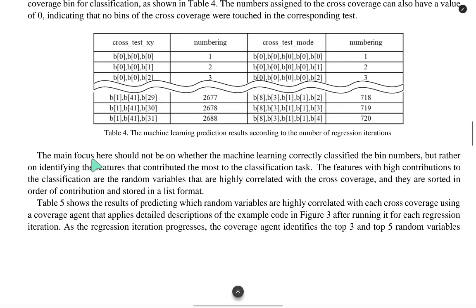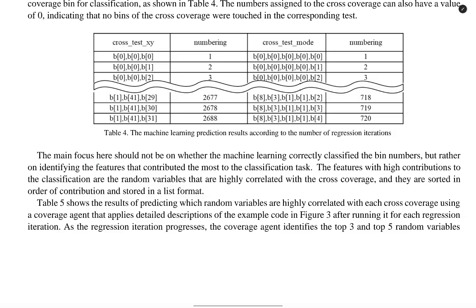The main focus here should not be on whether the machine learning correctly classified the bin number, but rather on identifying features that contribute most to the classification task. The features with a high contribution to the classification are random variables that are highly correlated with the cross coverage, and they are sorted in order of contribution and stored in list format.